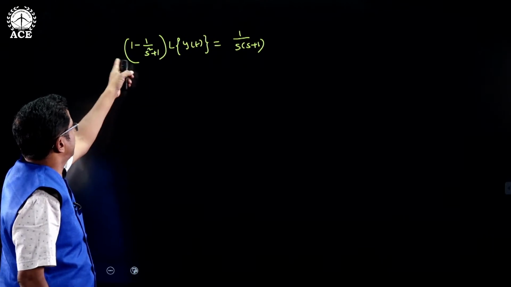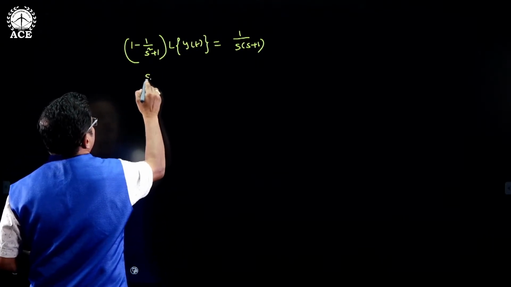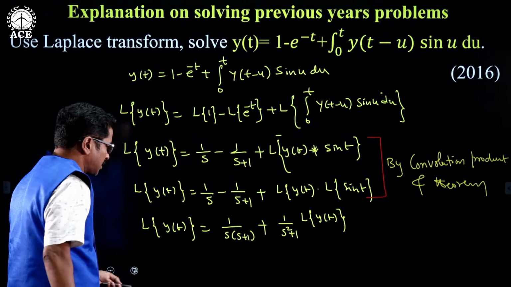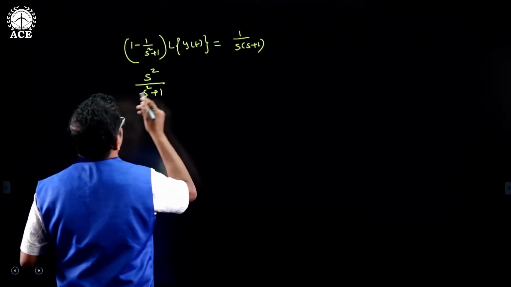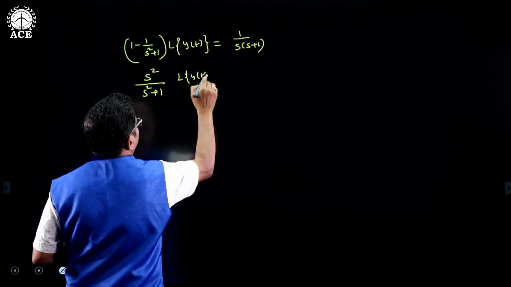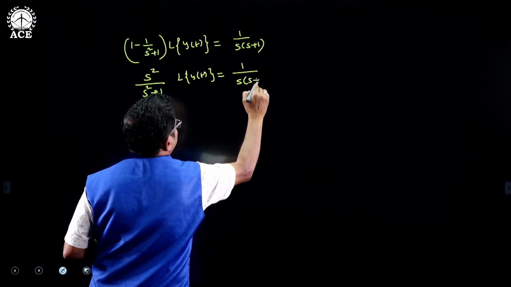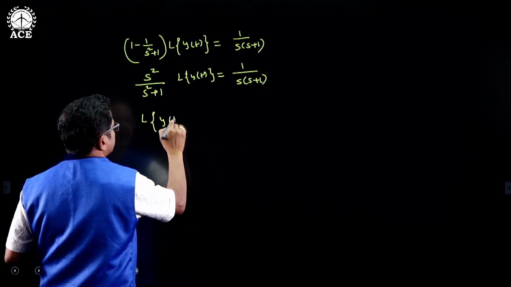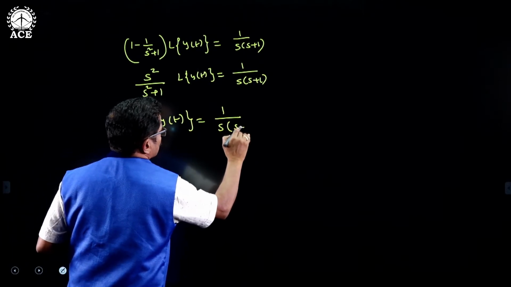Okay, so when I simplify this, what do you get? s square plus 1 minus 1 is going to be s square by (s square plus 1). That's all only now. Into L of y of t is equal to 1 by s into (s plus 1). So then L of y of t equals 1 by s into (s plus 1).